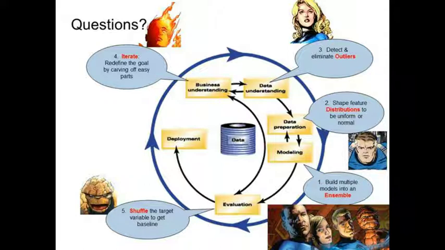The third idea was to detect and eliminate outliers. Don't just click on inconvenient points and get them out of the way. Find out why they're outliers, what the underlying reason is, and in some cases, that's more important than the whole model.